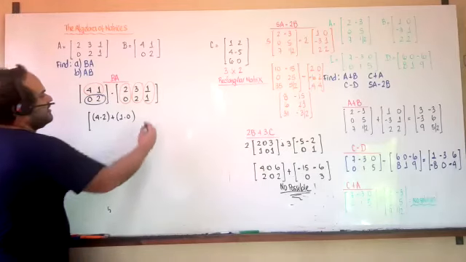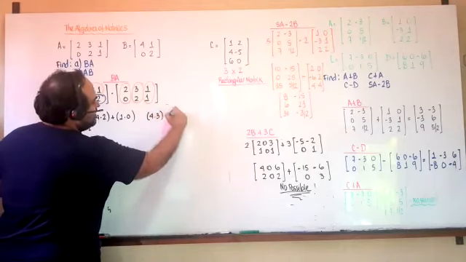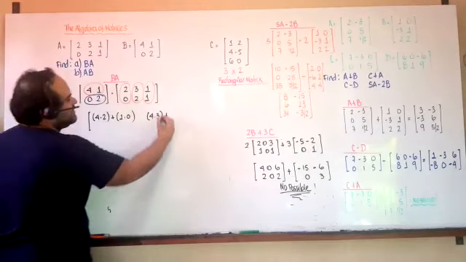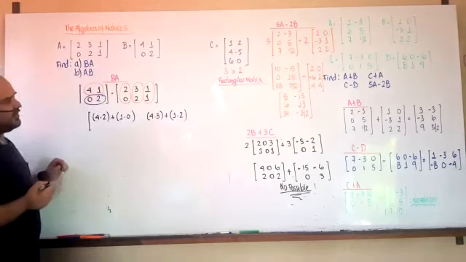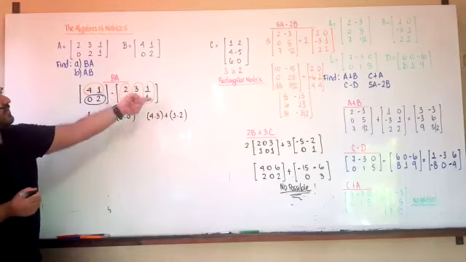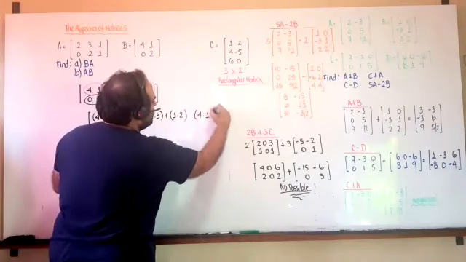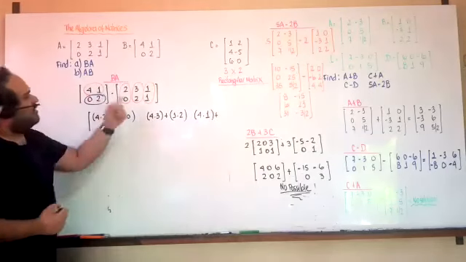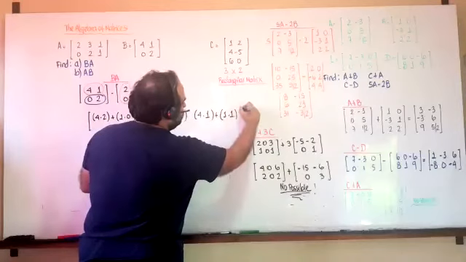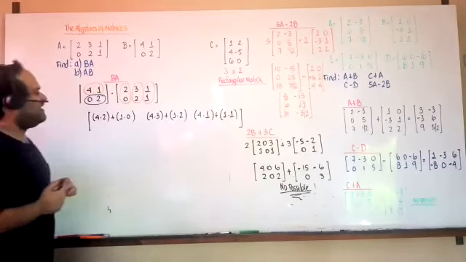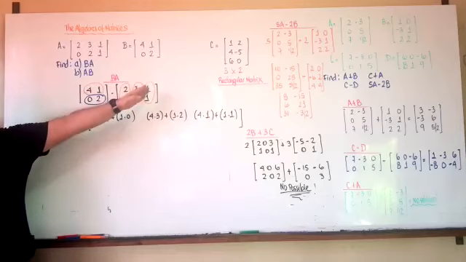I mean, 4 times 3 plus 1 times 2. Simple. Again, the last column: 4 times 1 plus 1 times 1.